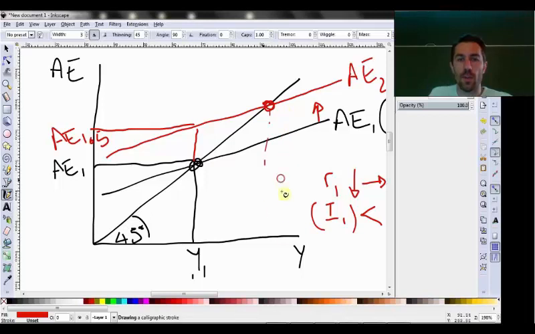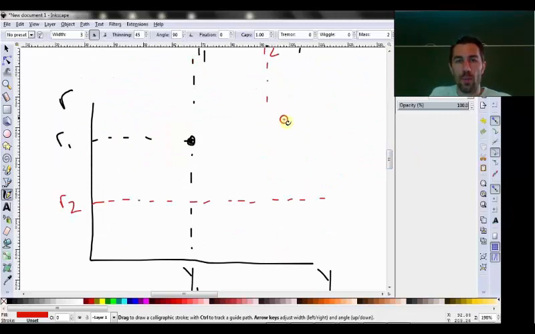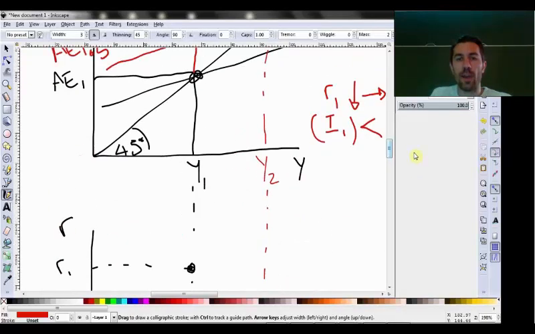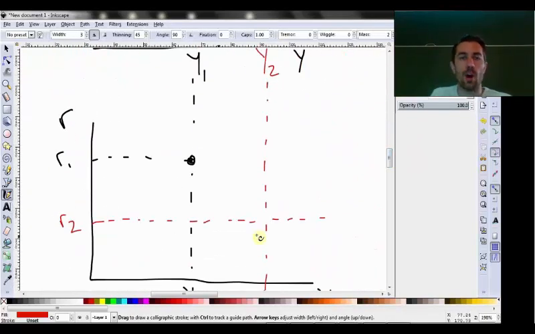Well, we've got some level of output corresponding to Y2, let's say some level of aggregate expenditure 2. So our output level here, Y2, and we can plot this down, right? Y2 is the level of output at which we have equilibrium in our aggregate expenditure model when our interest rate is R2. So now we can plot our second point.